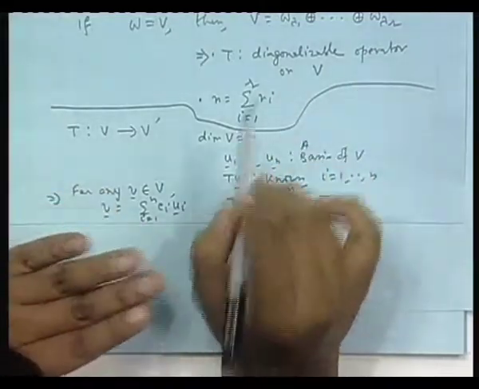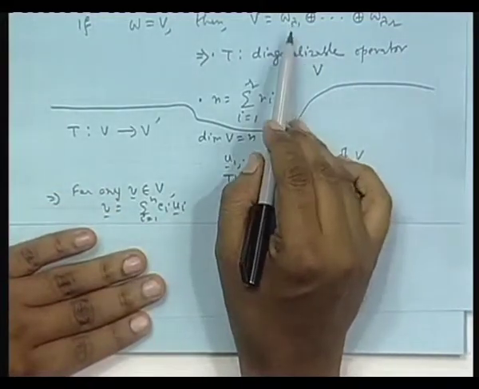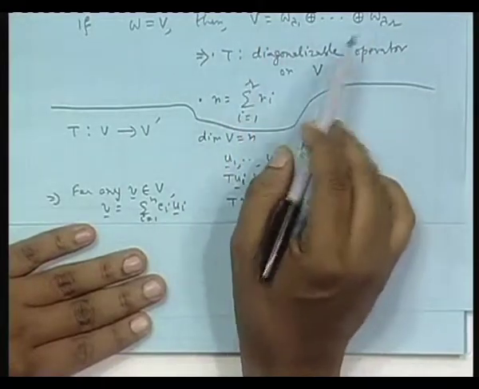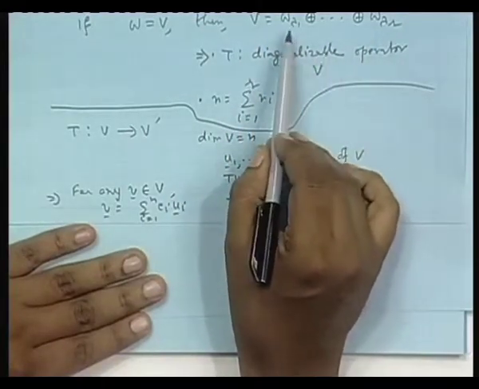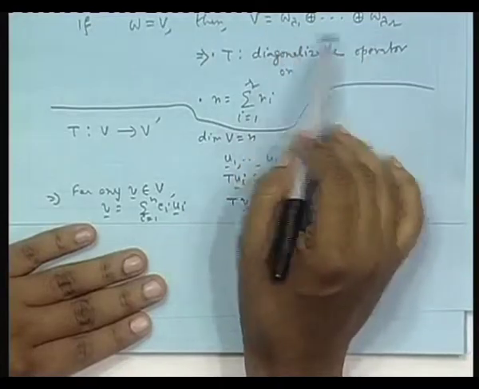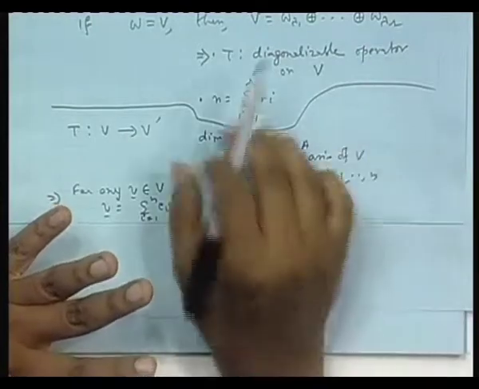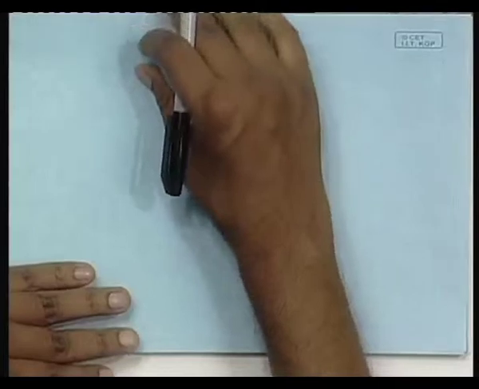But remember, it is a diagonalizable operator if we have this, that the entire vector space V is given as a direct sum of the individual eigen subspaces corresponding to the distinct eigenvalues of T. Then I will call T a diagonalizable operator. Actually, it is quite simple.